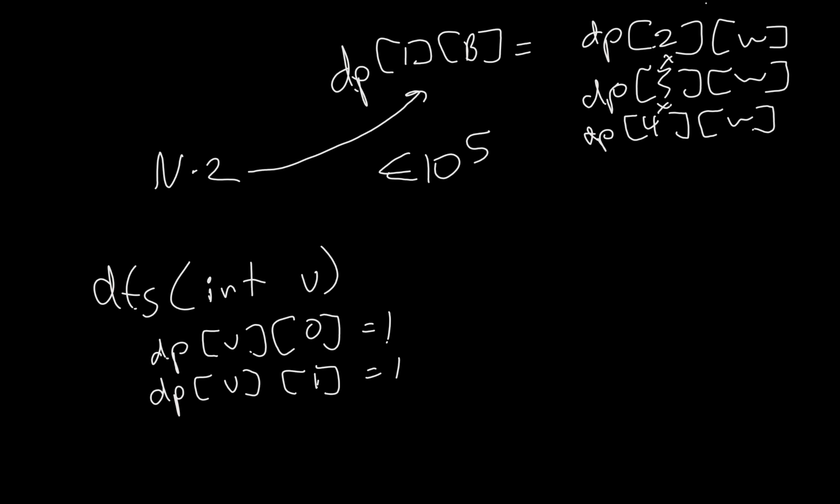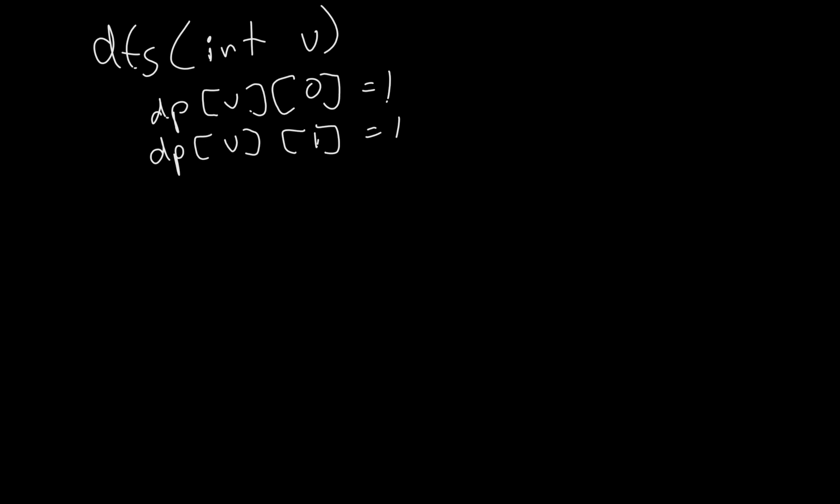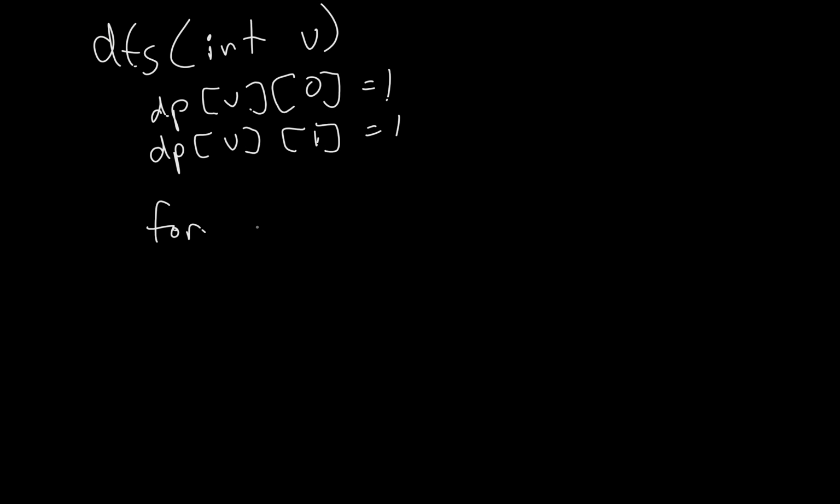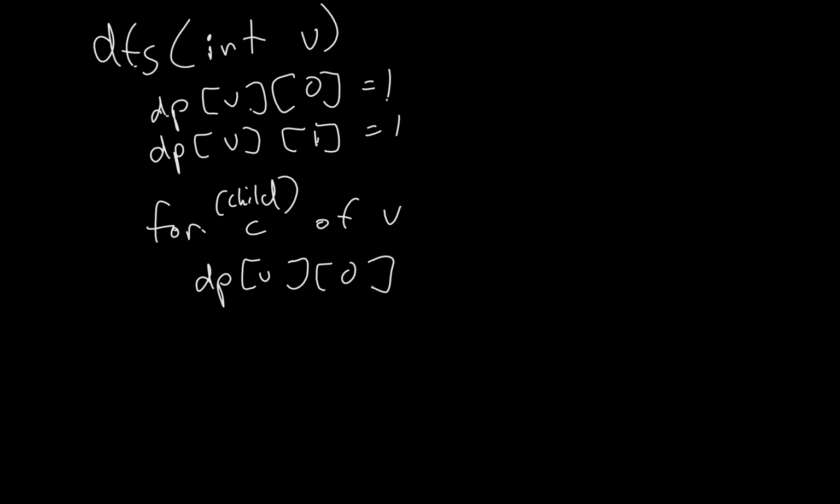Then for every child c of v, dp of v 0 times equals dp of c.